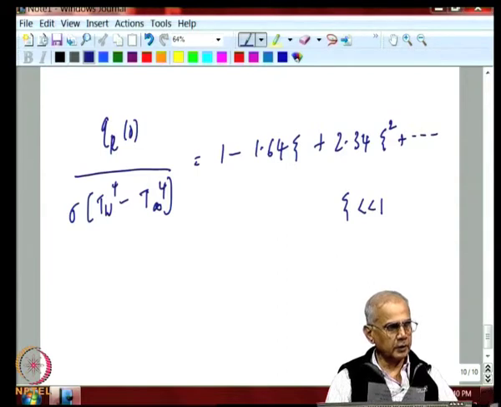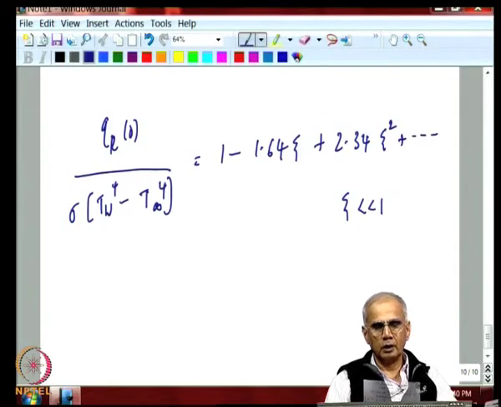Okay. And the approximation we had earlier used was series solution. Now, the series solution has a problem with regard to the value of psi. It is valid only if psi is much less than 1.